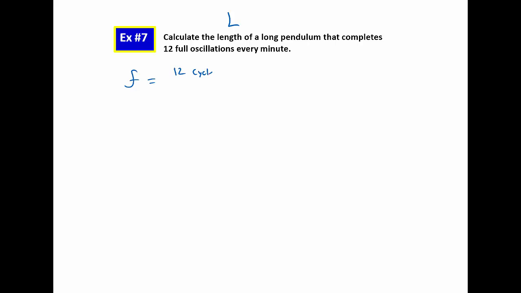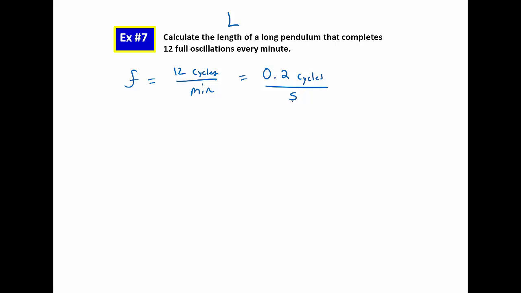It's 12 cycles for every 1 minute. And so I can convert that into cycles per second by dividing by 60. We're going to find that we've got 0.2 cycles per second. And so that is our frequency.